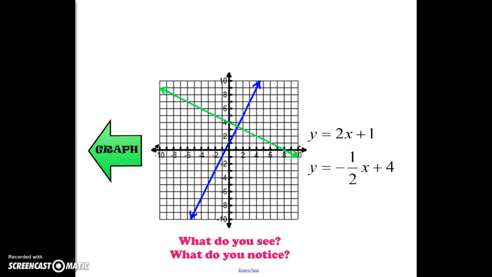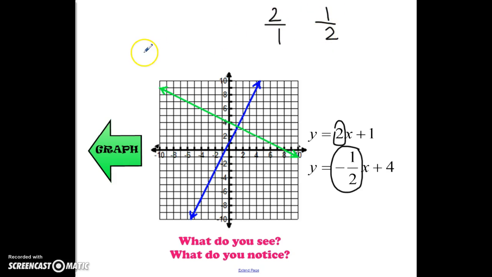The next one, I have a slope of 2 and a slope of -1/2. These slopes have opposite signs and they're reciprocals. Remember, a reciprocal is a flipped fraction. So the whole number 2 is the same as 2 over 1. So if I flip it, I get 1 over 2.